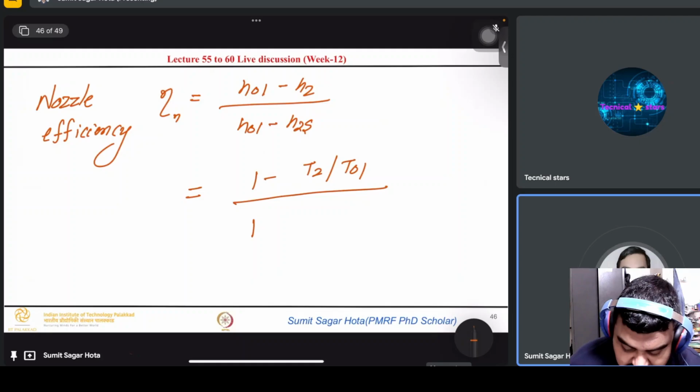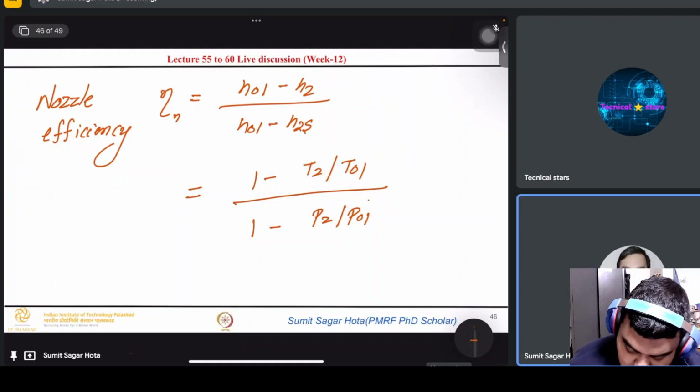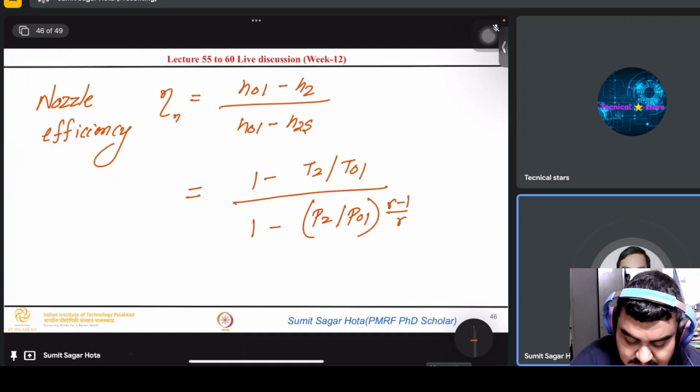Then T2 by T01 I write down, and in the denominator, because T2s by T01 is equal to P2 by P01 to the power gamma minus 1 by gamma according to the isentropic relation of temperature and pressure, it can be converted to P2 by P01 to the power gamma minus 1 by gamma.